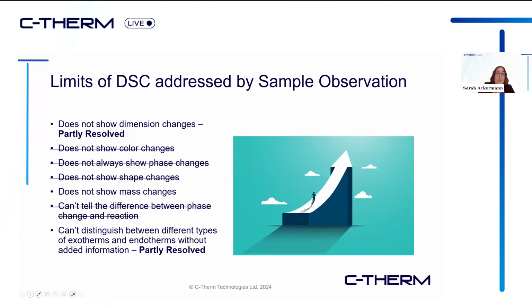It does show the phase changes. It does show shape changes, and it can tell the difference between phase change and reaction with that color information. And it can also help to distinguish between different types of exotherms and endotherms without added information. It's not perfect in DSC only, but we get a lot more information than we would just with DSC on its own.